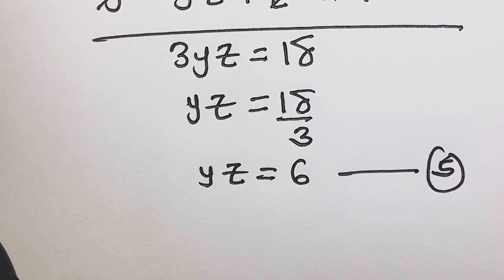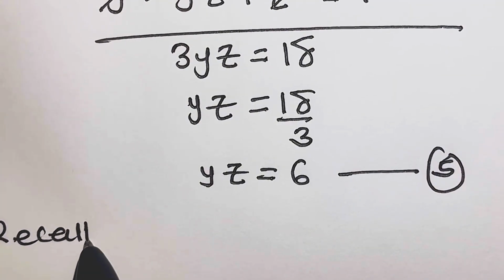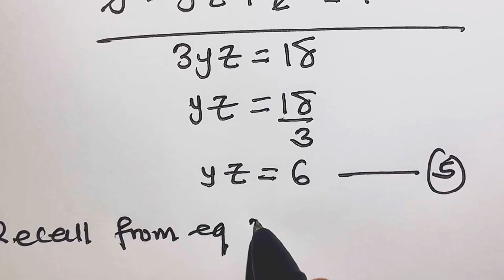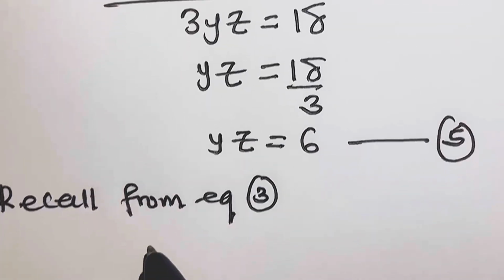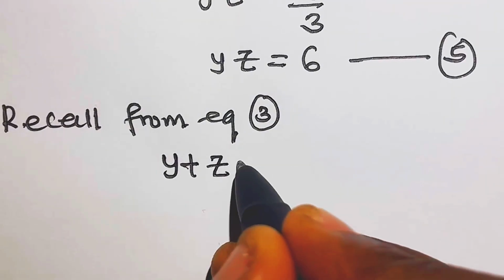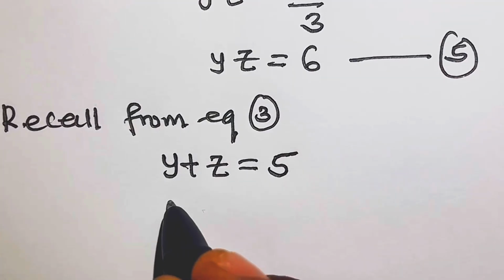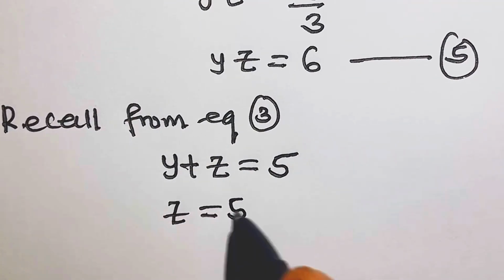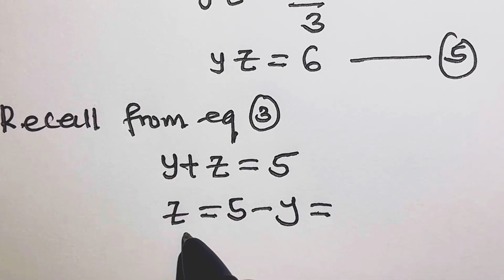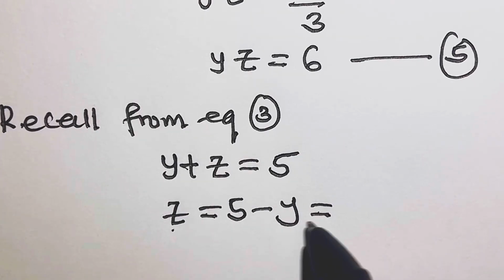So here, let's recall from equation 3 that our y plus z equals 5, and therefore our z will be 5 minus y, so z equals 5 minus y.